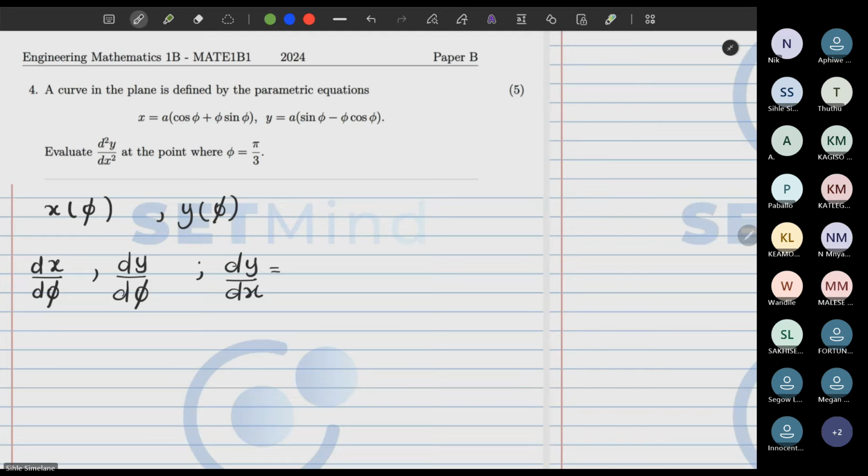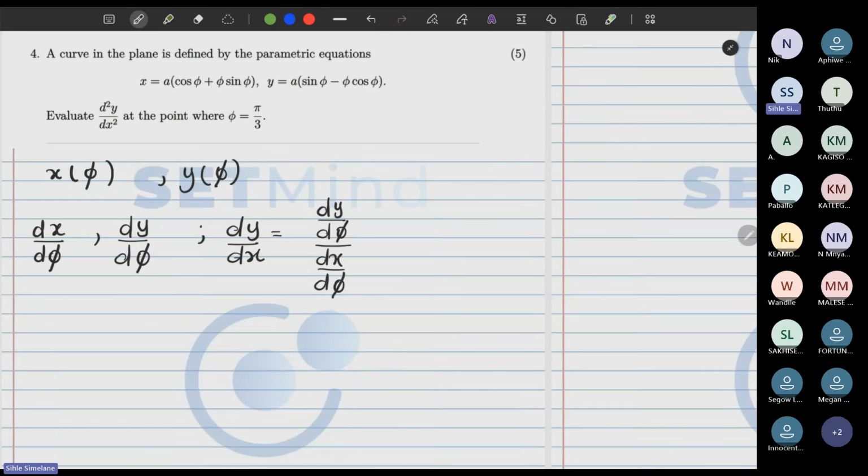Anyone? I think it's dy over d theta over dx over d theta. Yep, on point. We have dy/d theta over dx/d theta.